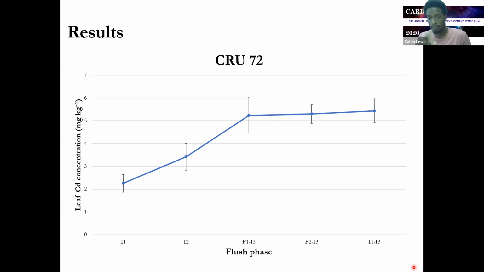Even though at that point the leaf still increases in size, the concentration stays the same. So there seems to be some sort of steady state here where the cadmium concentration reaches its optimal level in the leaf at the interflush 3 phase.